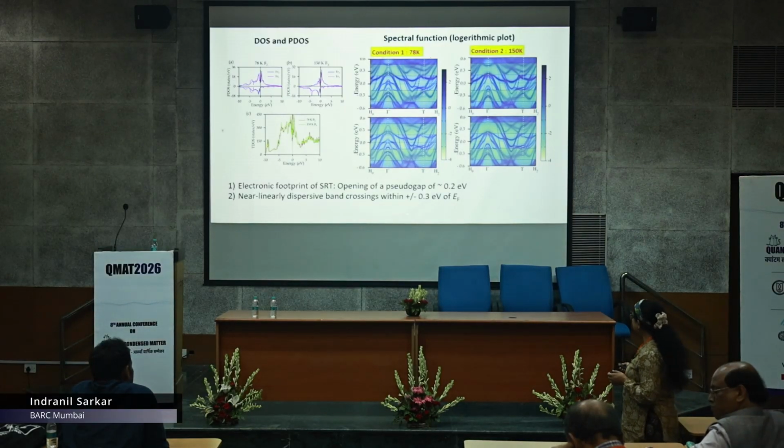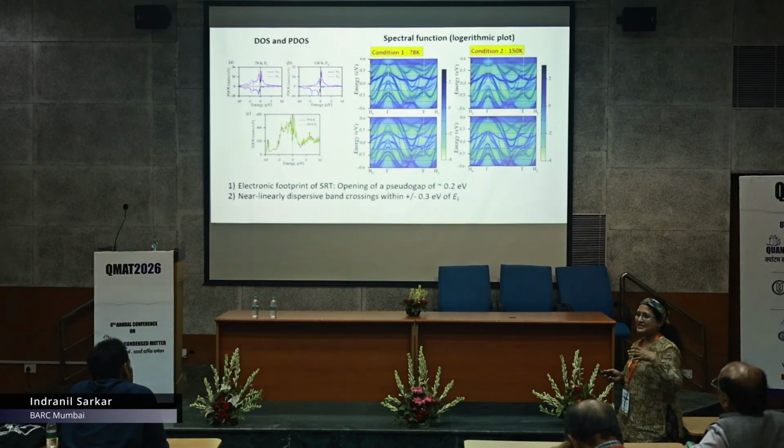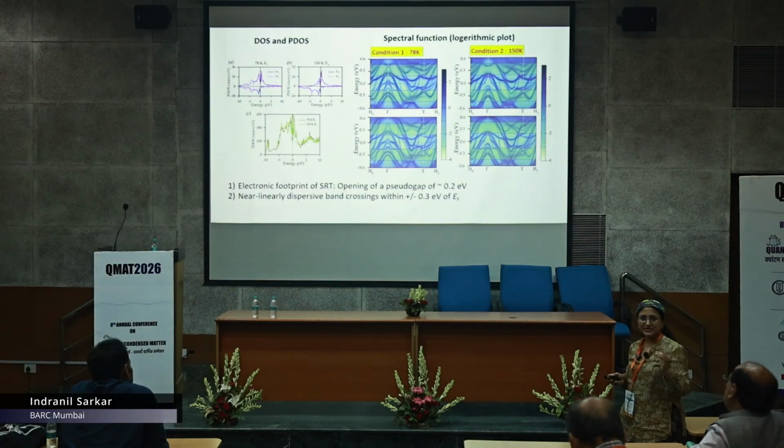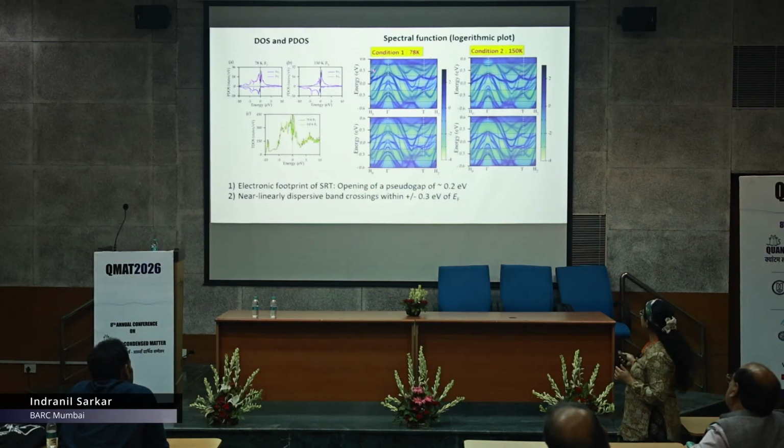Definitely you can say that plus minus 0.3 electron volt will not be accessible, but usually in experiment people have seen the anomalous Hall effect, and those are connected with some Dirac crossings. All the experimental samples are usually non-stoichiometric samples. So for non-stoichiometric samples, definitely these band crossings are accessible.